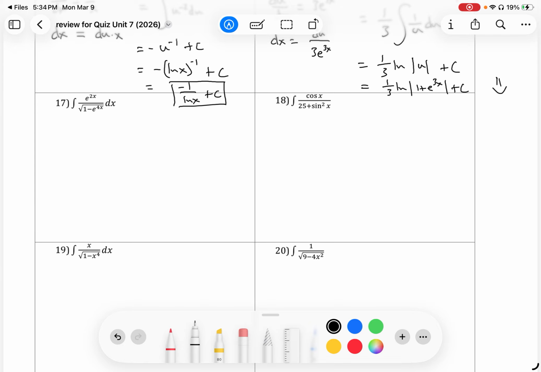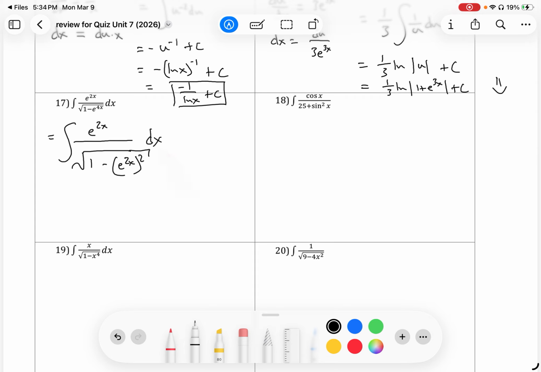17 looks a little bit different because we have e to the 4x, which is actually e to the 2x squared. So I'm going to rewrite this as the antiderivative of e to the 2x all divided by the square root of 1 minus e to the 2x all squared. Now it looks a lot like an arcsine problem because you often want something over the square root of 1 minus something squared.